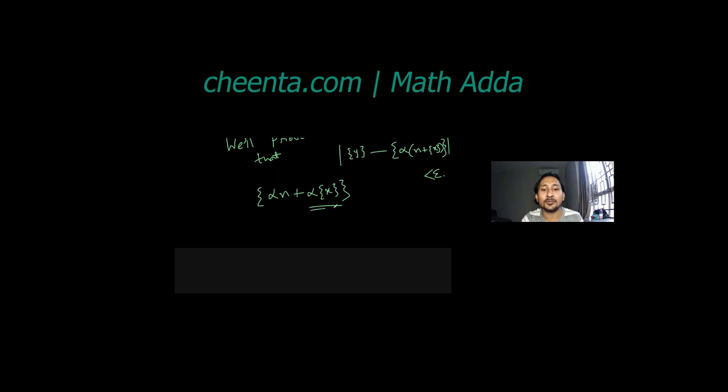In that problem, the initial point was 0, but here the initial point is something different, which is alpha times the fractional part of x. And alpha is the step we are taking. So our positions are going to be alpha times the fractional part of x, plus alpha, plus 2 alpha, 3 alpha, like that.